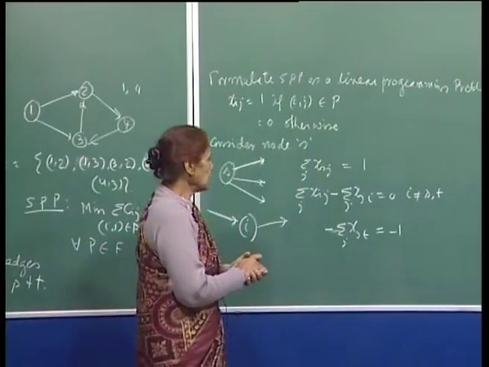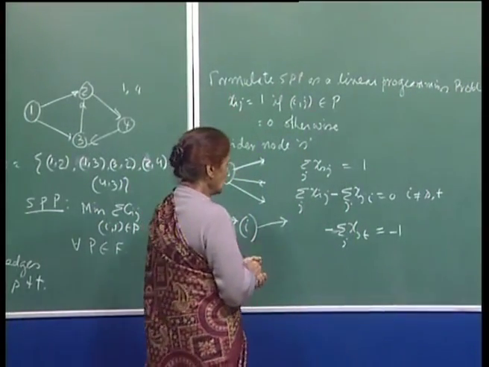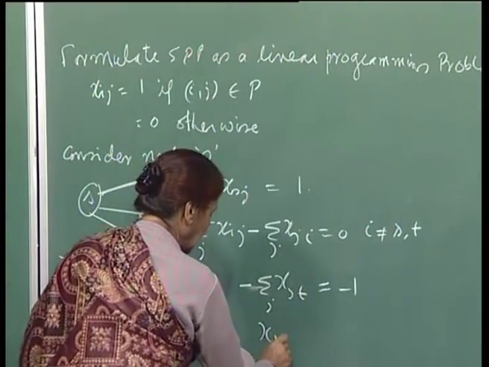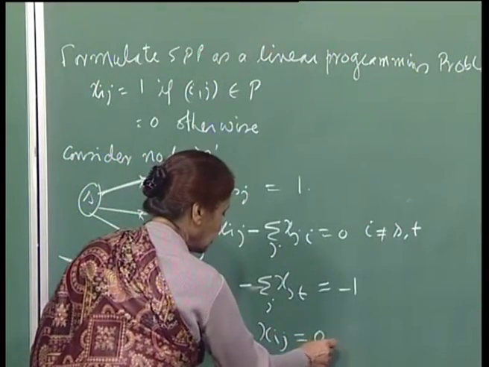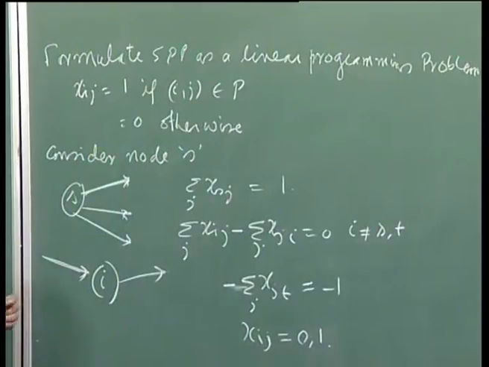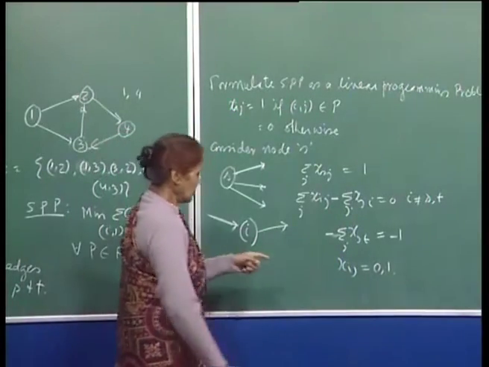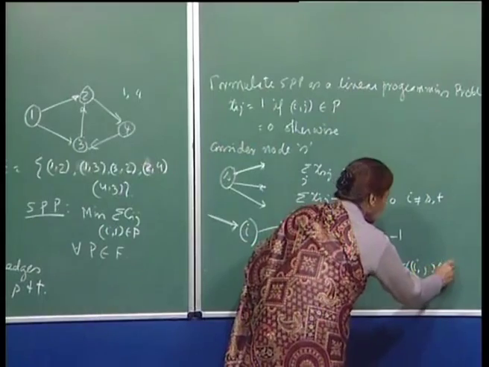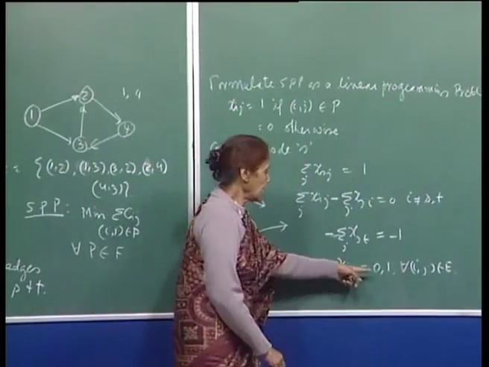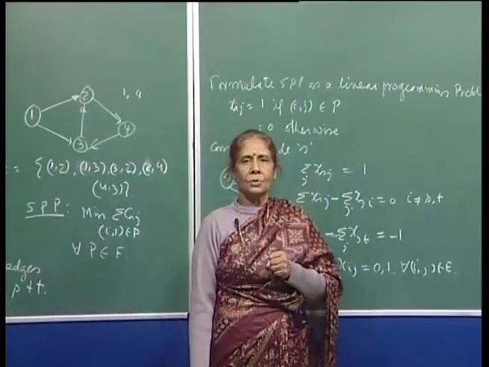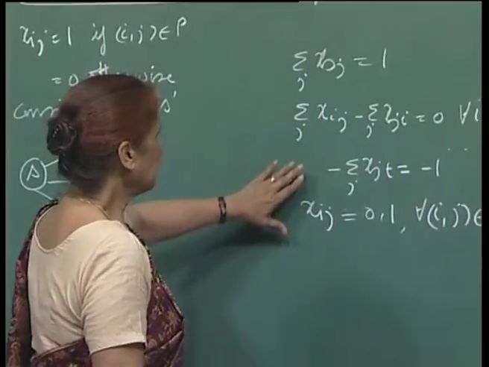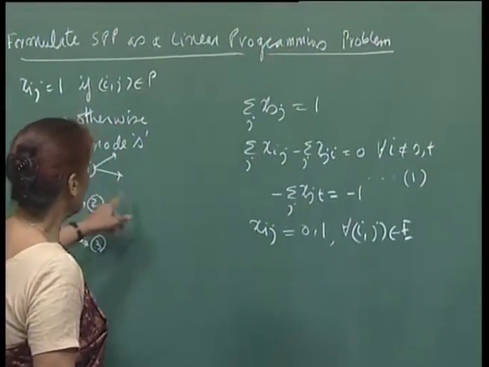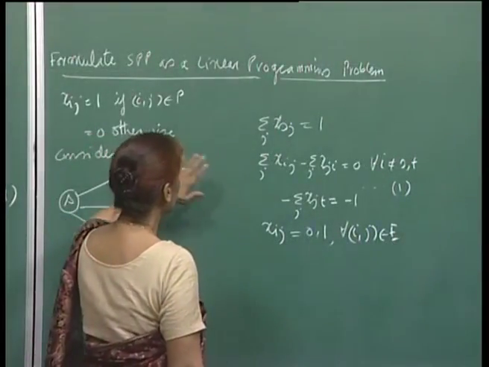You have a path connecting S and T. And then you have xij equal to 0, 1 for all ij belonging to E. So, this is not a linear programming formulation, because I am forcing the variables to take the value 0, 1. The constraints have been written out here when I am trying to formulate the shortest path problem as a linear programming problem.